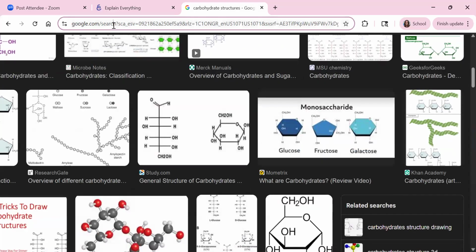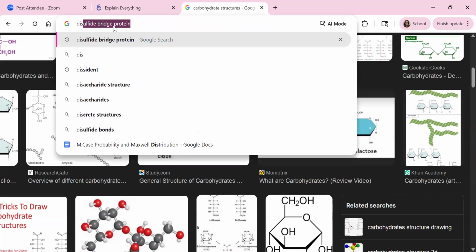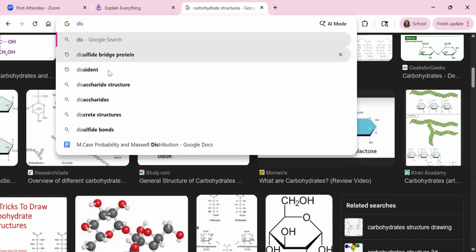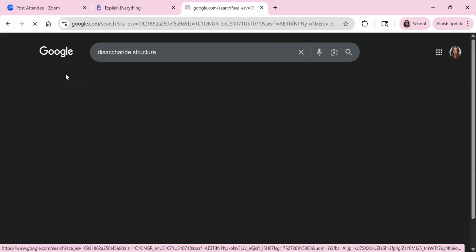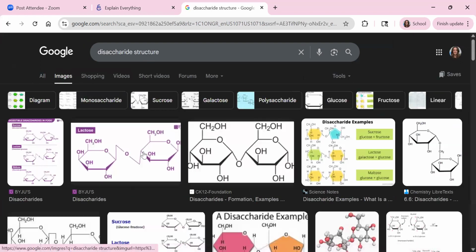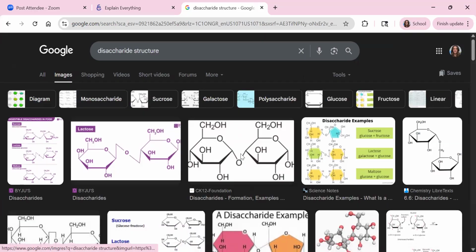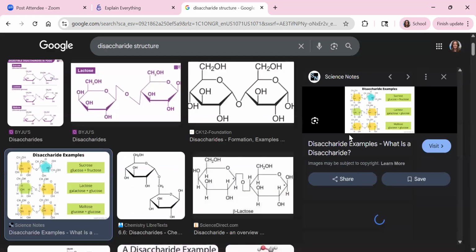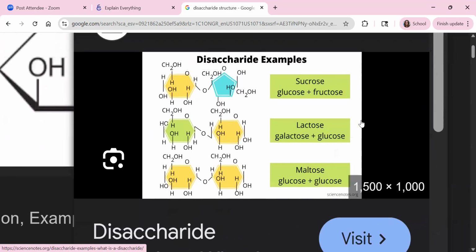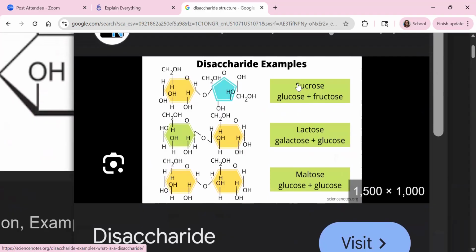And then if we get into disaccharides, have you guys done those yet? A little bit. Basically, it's just the link of two sugars like this. Here's a good one, and this might be something you want to write down as examples of disaccharides. I don't expect you to know the structures, but sometimes it's helpful. Sucrose is composed of glucose and fructose.